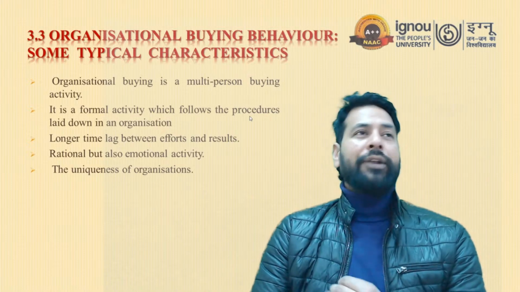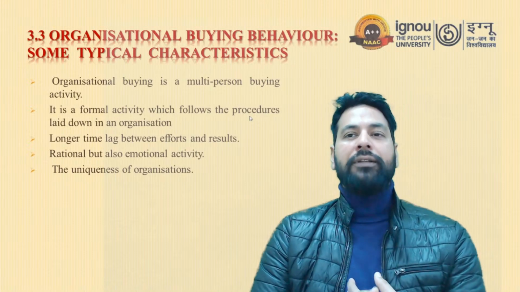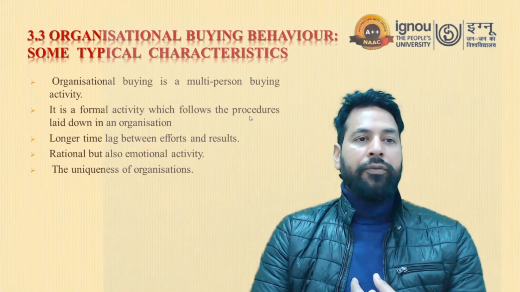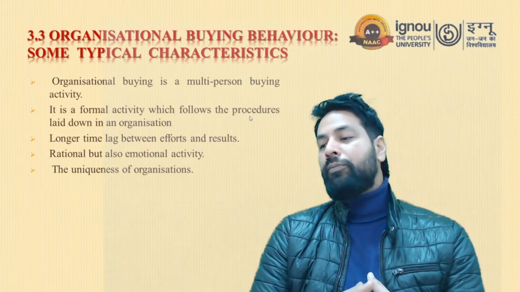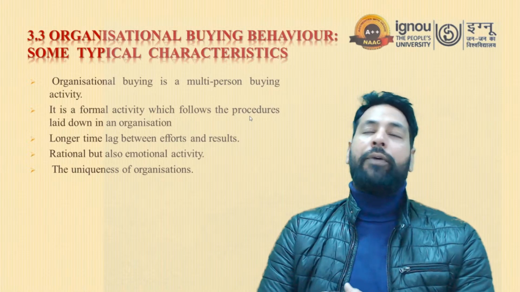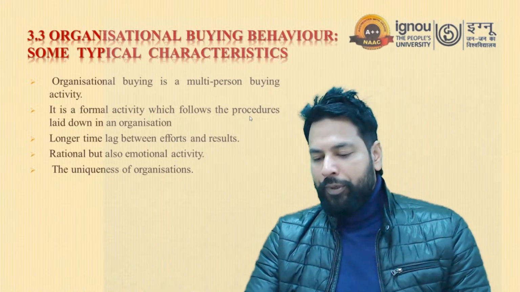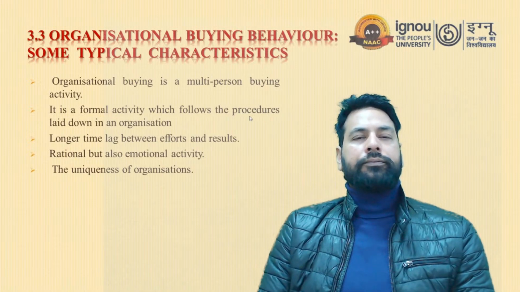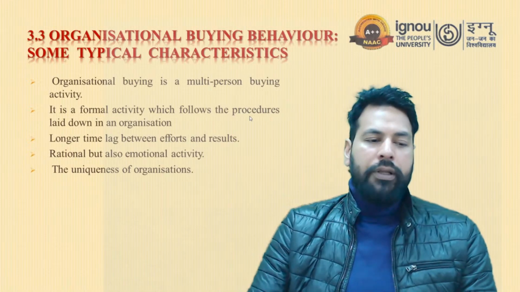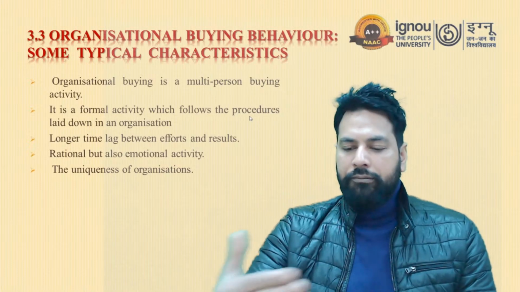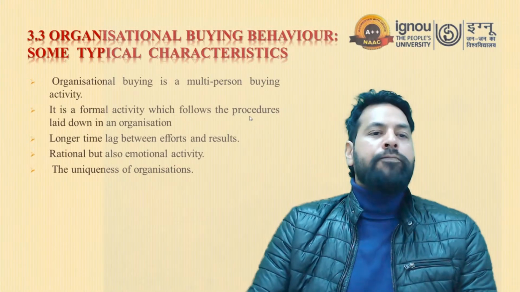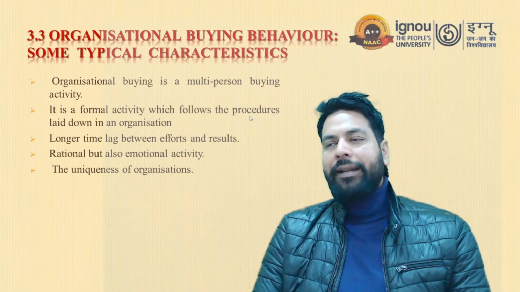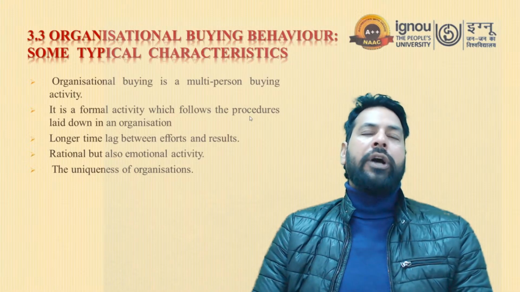Maybe the organization would like to purchase things which are economical. But the fourth point is rational but also emotional activity. Why emotional? I may want to purchase from, let's say, an NGO or a group which works for the environment or for the upliftment of the poor, because I can connect with the ideology of that group.